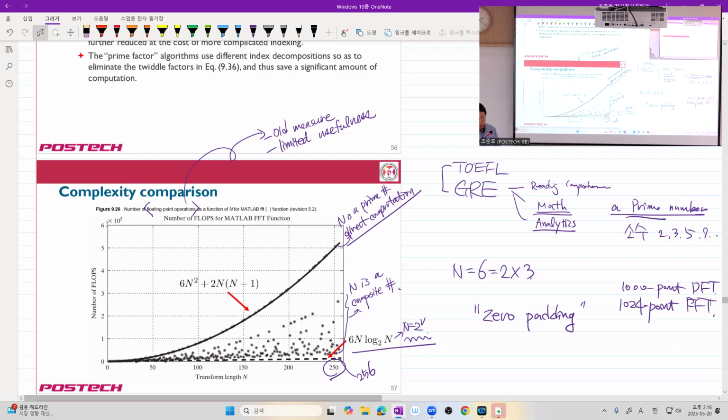So we pad the zeros to make the number of points a power of 2. Anyway, given this figure, you need to remember 2 lessons. One is that sometimes a once very popular performance metric is totally obsolete and almost no one seriously uses this one.